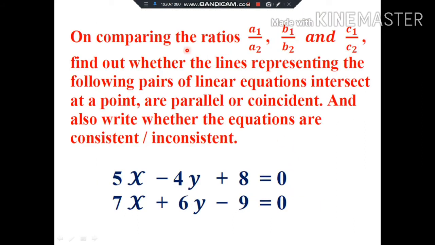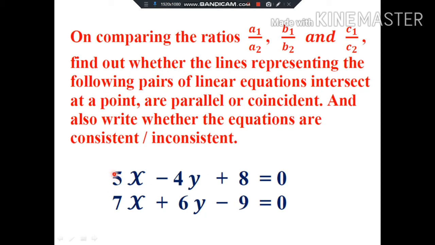Yes, children, now we shall solve some problems from the textbook exercise. For example, on comparing the ratios a1 by a2, b1 by b2 and c1 by c2, find out whether the lines representing the following pairs of linear equations intersect at a point, are parallel or coincident, and also write whether the equations are consistent or inconsistent.